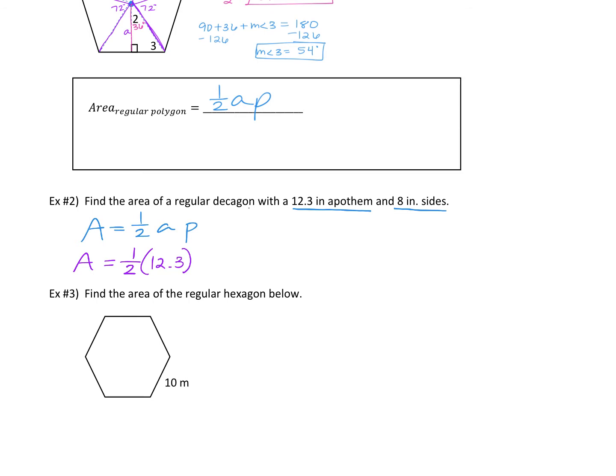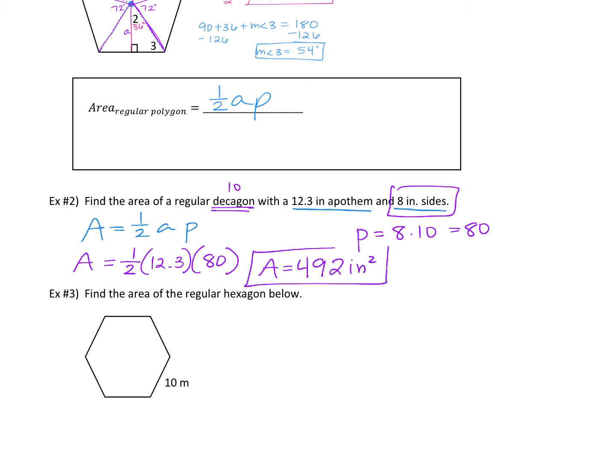It's going to be a regular decagon. Decagon has 10 sides. So if every side is 8 inches, your perimeter is 8 times 10, or 80. So 1/2 times the apothem times the perimeter of 80, and then you'll plug that in. You get an area. Capital A is area, lowercase a is apothem, right? 492 square inches.